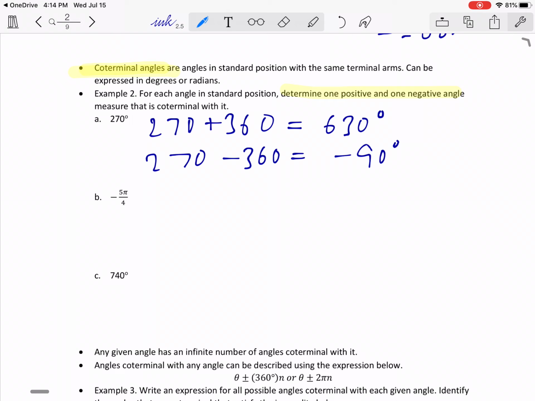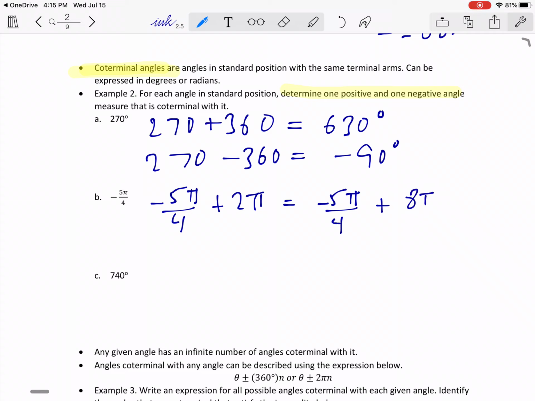If we've got a pi value, then we just add 2 pi. Here we're going to have negative 5 pi over 4. It's just like adding 360, but now we're going to add 2 pi. If we want to add fractions, we have to put it over a common denominator.